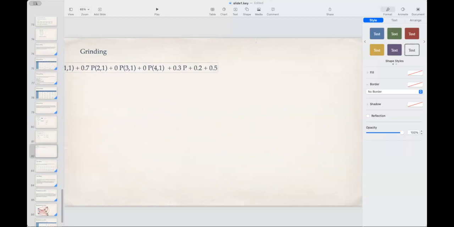This P5 should be 6, and this should be product 7, 7, 1. Good. So this is the grinding of the first month.